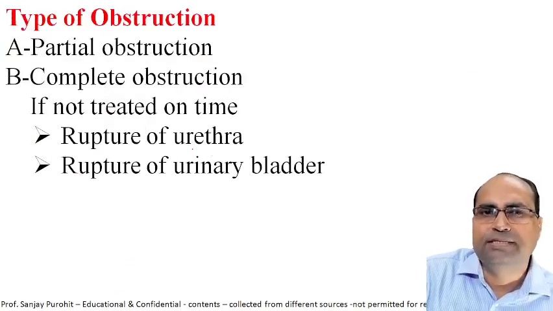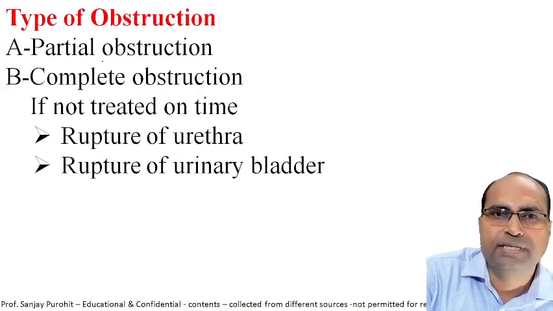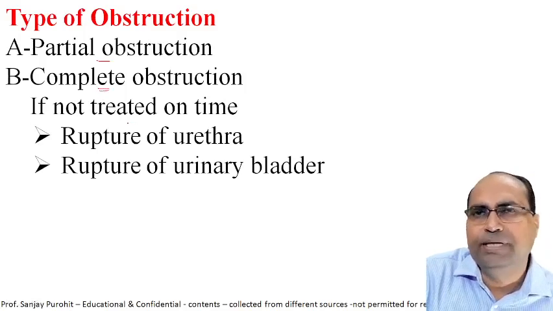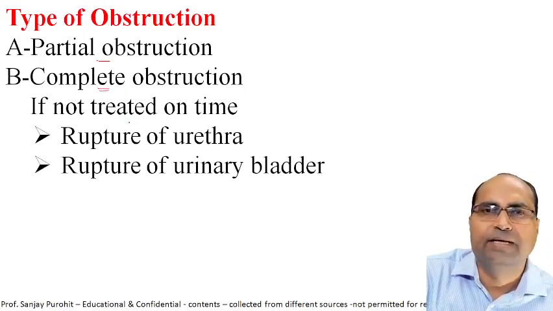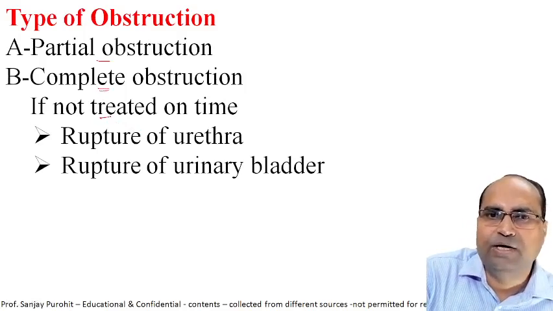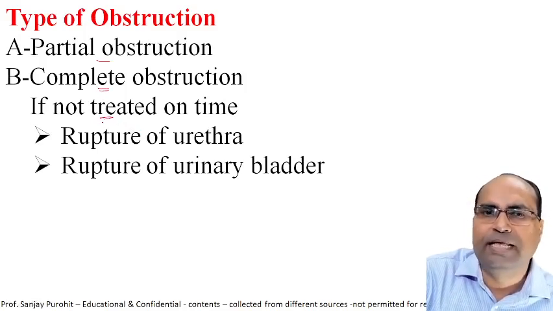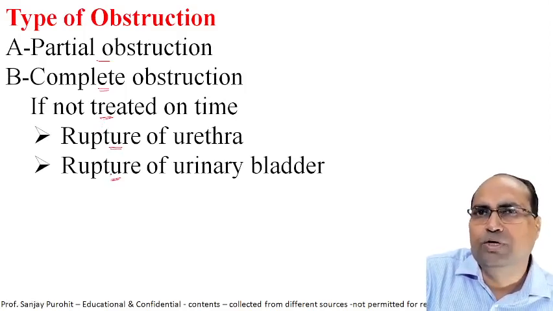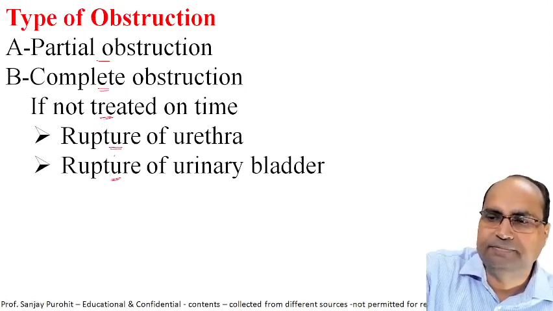Types of obstructions. There are two types of obstruction: partial obstruction or complete obstruction. In case of complete obstruction, if the cases are not treated on time, there may be rupture of the urethra or rupture of the urinary bladder.